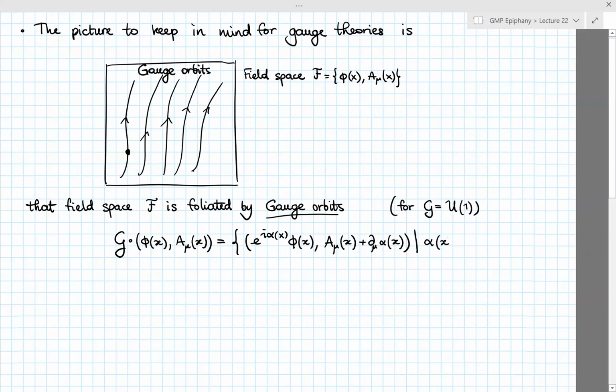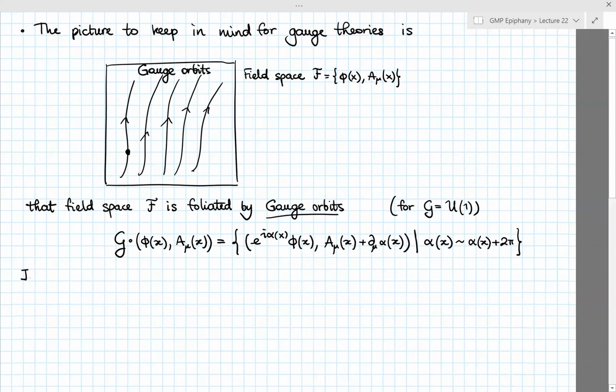In our case, for gauge group U(1), alpha is a periodic function of spacetime, so it's coordinate dependent. This is perhaps a bit abstract.